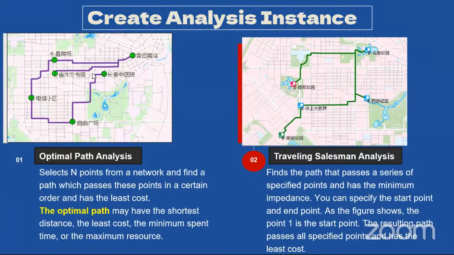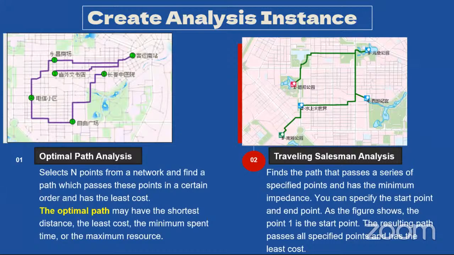It will go from station 1 to station 2 to station 3 to station 4 to station 5 and 6. While for the traveling salesman analysis, although station 2 is here, it will go to the nearest area, where you can see it will go from station 1 to station 3 first, and then station 4, station 2, and station 5, where it will not follow any order.